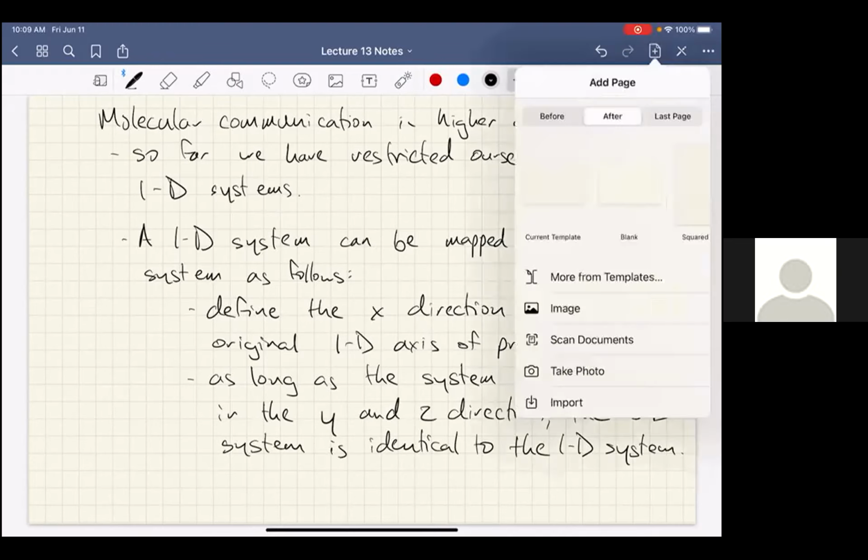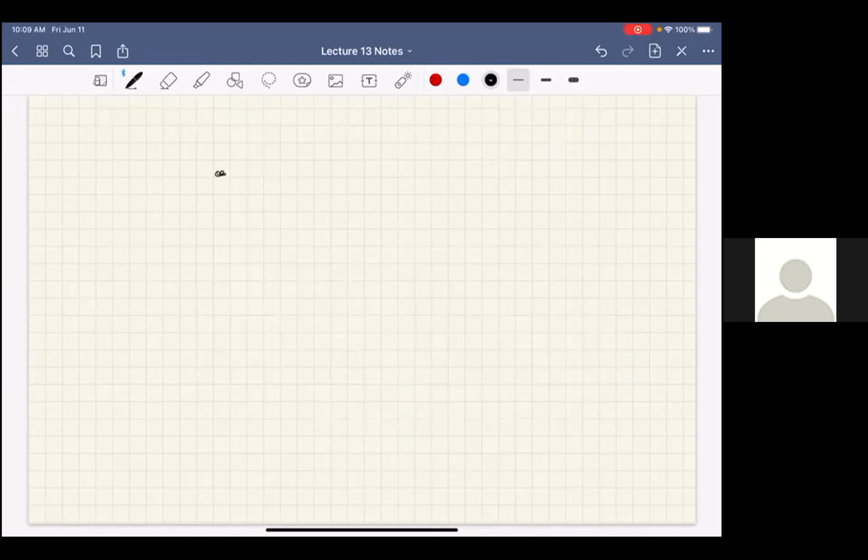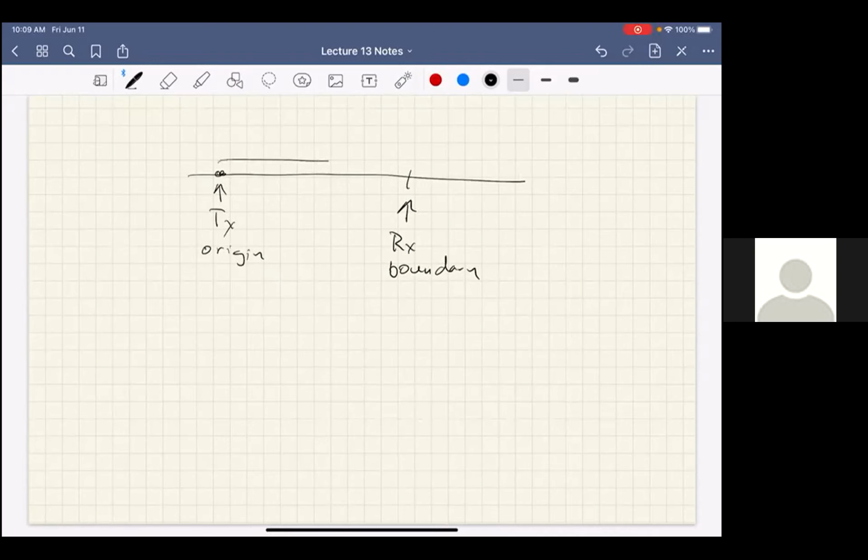What I mean by this is originally we had this. There's your transmitter at the origin. And then depending on whether we had an absorbing or a non-absorbing receiver, in any case, its boundary was here, the first Rx boundary. So in 3 dimensions, what does this look like? This would be the x direction, and then you have 2 more directions, the y and z directions. Basically everything has to look exactly the same in y and z.